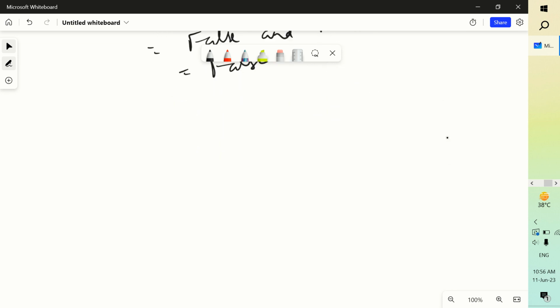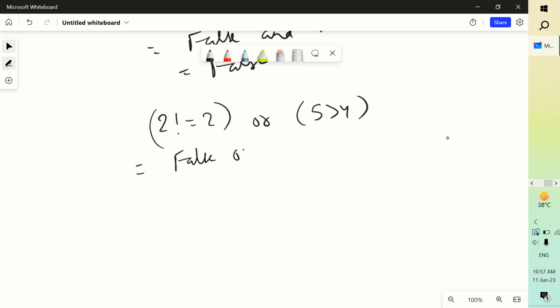So let's say I write 2 not equals to 2, or 5 is greater than 4. So this will become 2 not equals to 2 is false, or 5 is greater than 4 is true. So at least one of them is true. So this will give true. Okay?